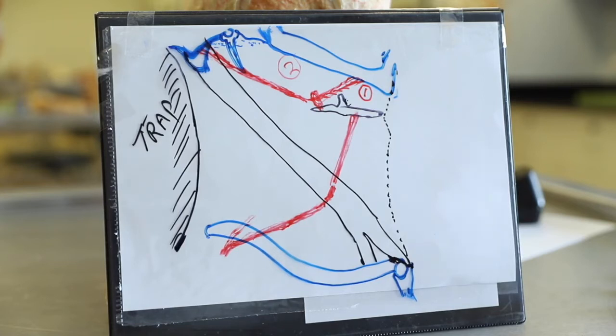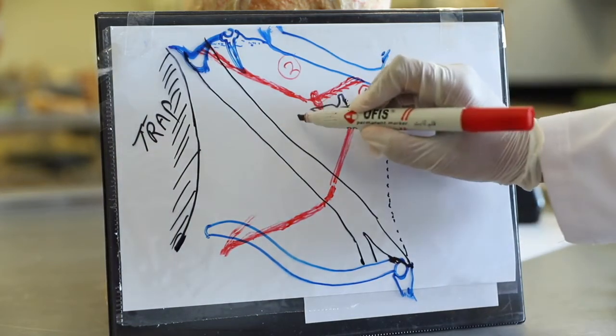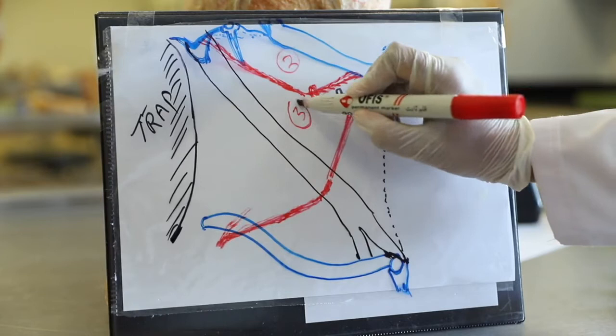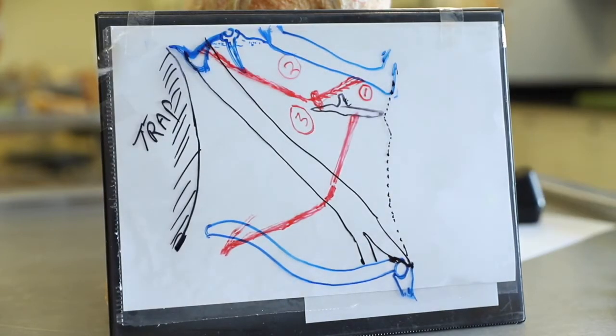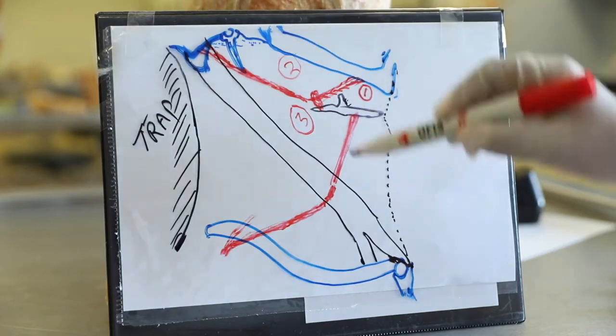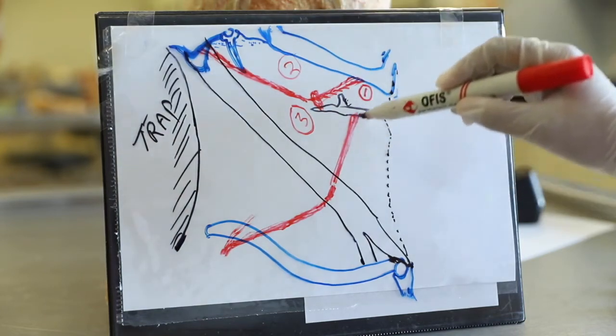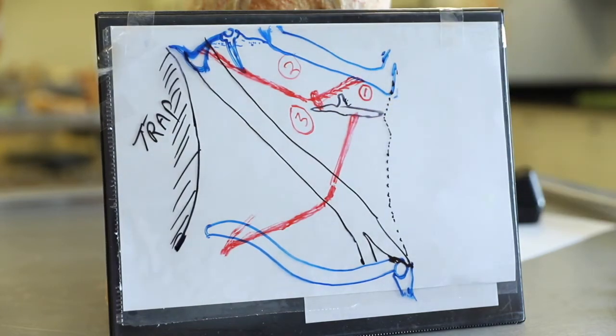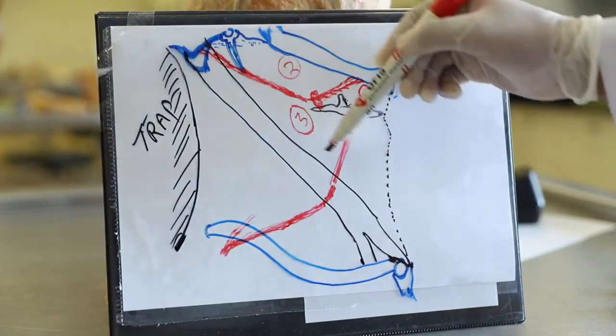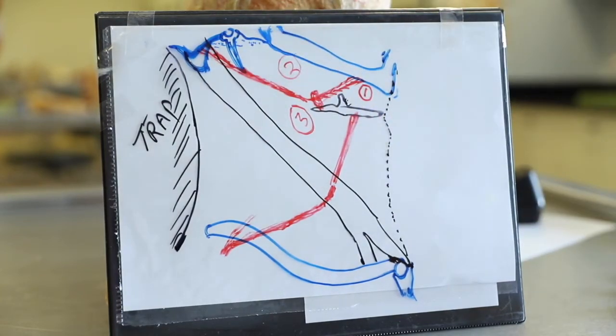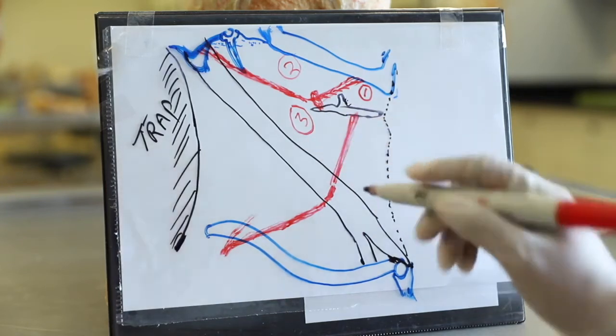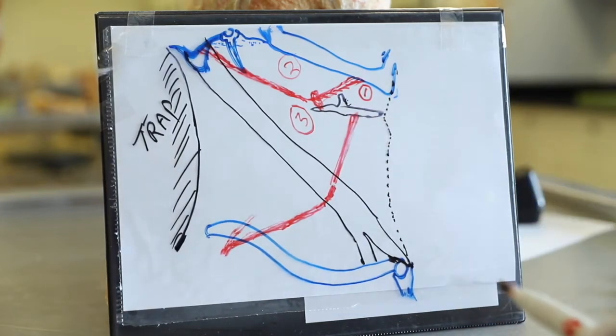Then number 3, we have the carotid triangle. This is bounded by the posterior belly of digastric, the superior belly of omohyoid, and the anterior border of sternocleidomastoid.